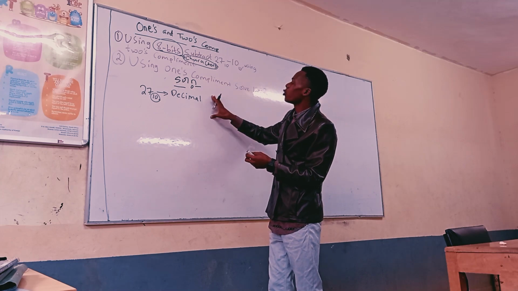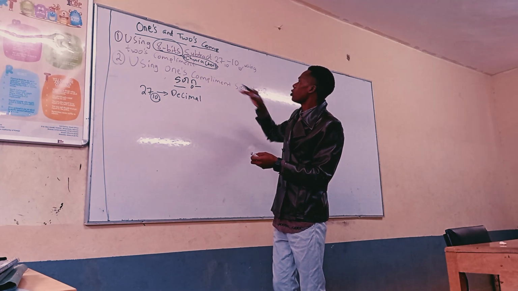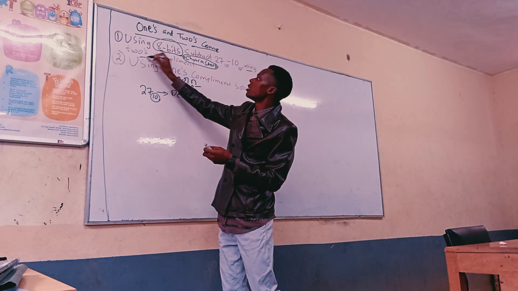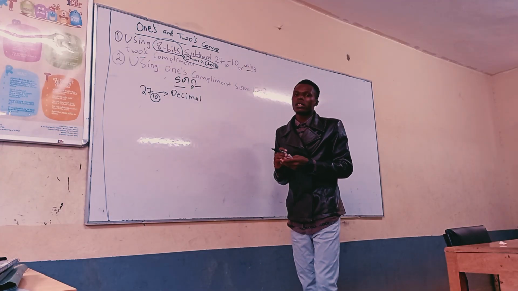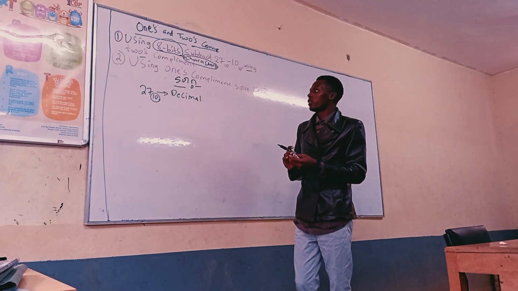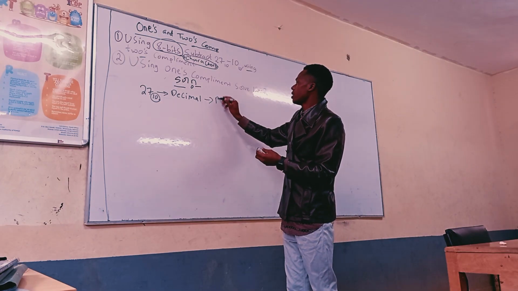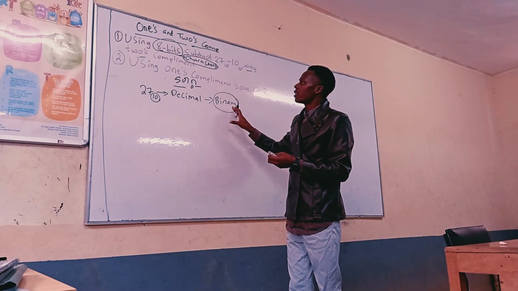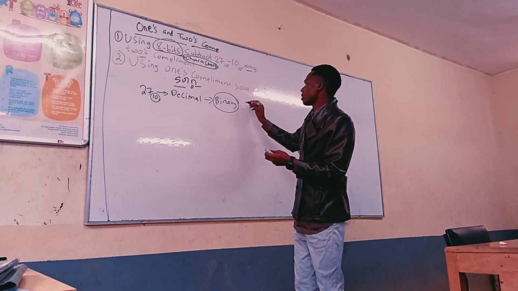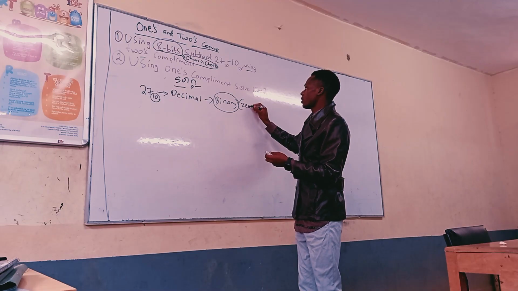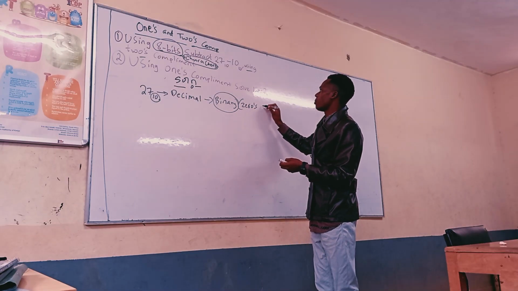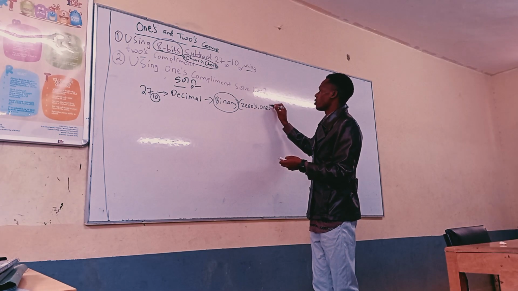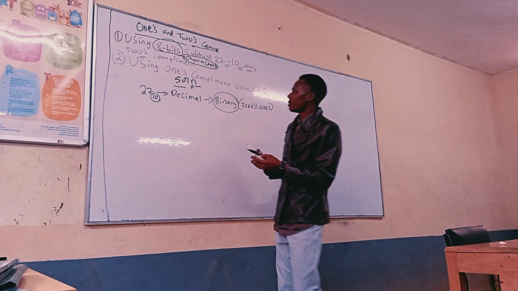For you to work this out using 2's complement, we have to convert this number into the binary number system, which is zeros and ones, so that we can use the 1's and 2's complement.